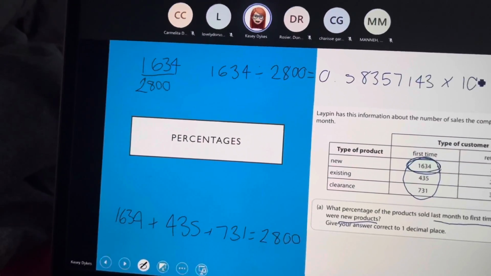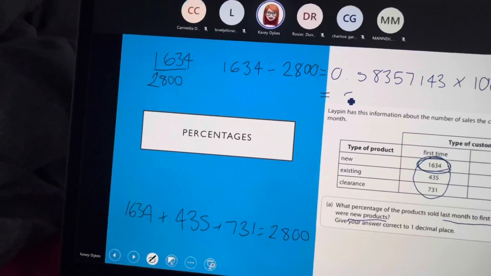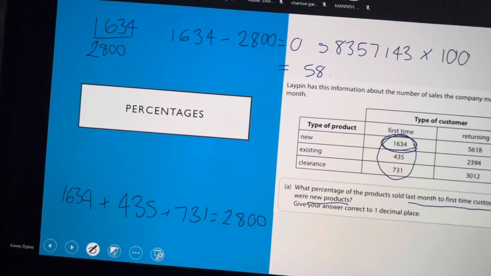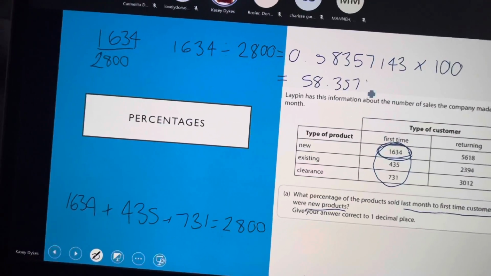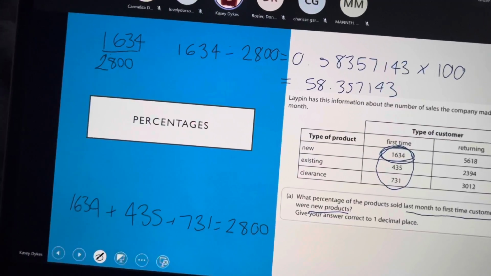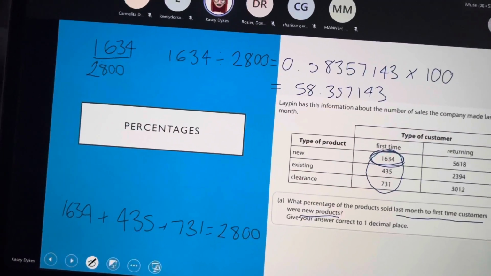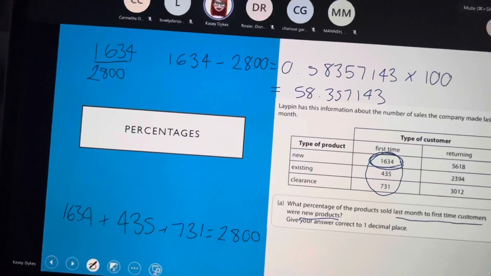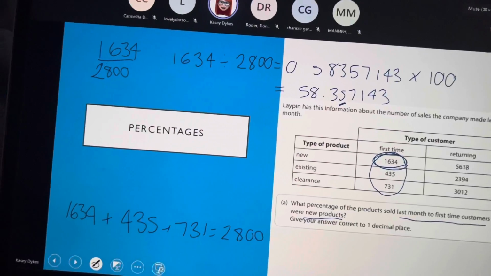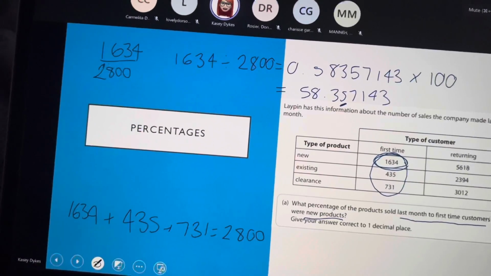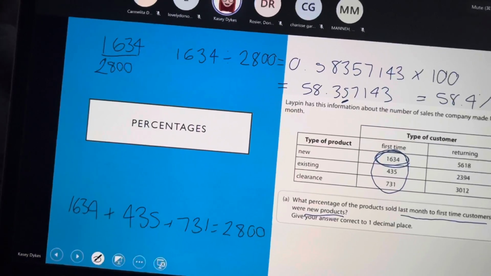Because whenever percentages are involved, 100 is going to pop up somewhere. So that's going to be 58.357143. And now we can do the last bit and round it to 1 decimal place. The number after our first decimal place is a 5, which means we're rounding up. So it's going to become 58.4%.